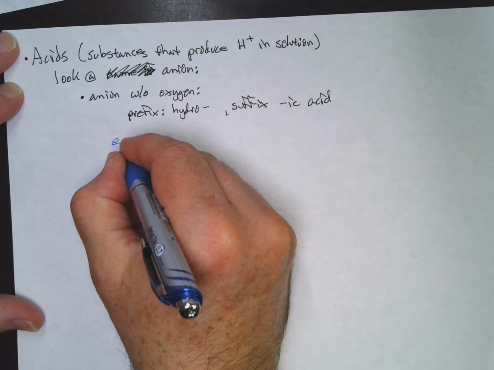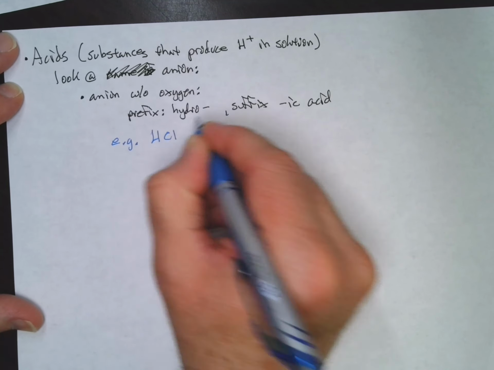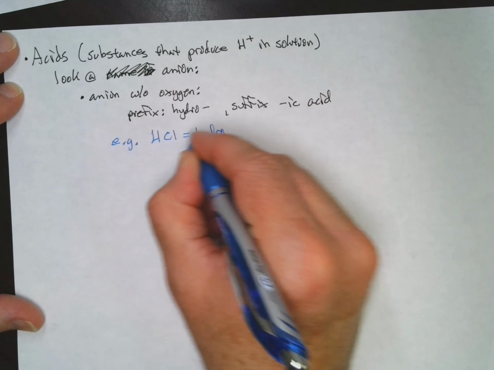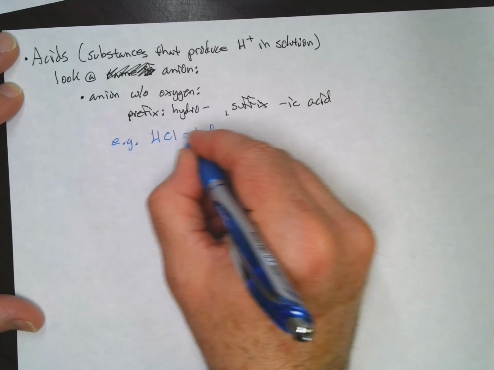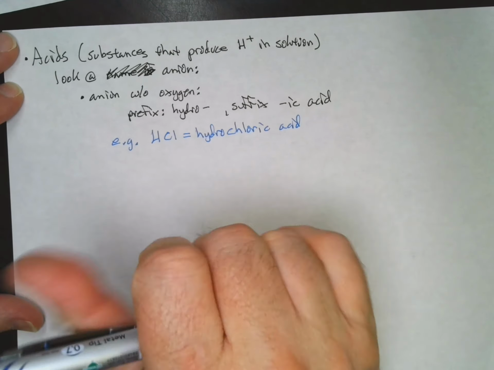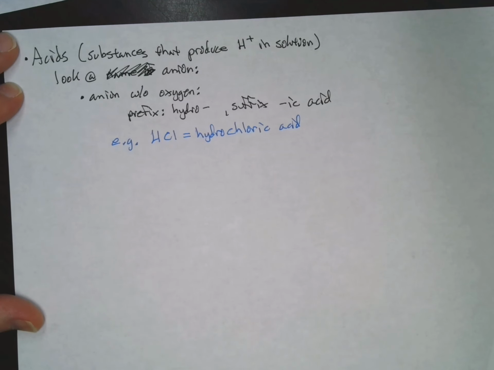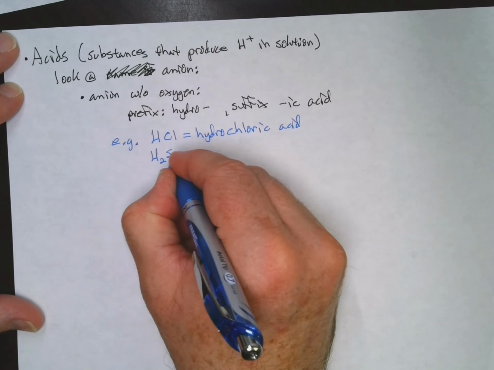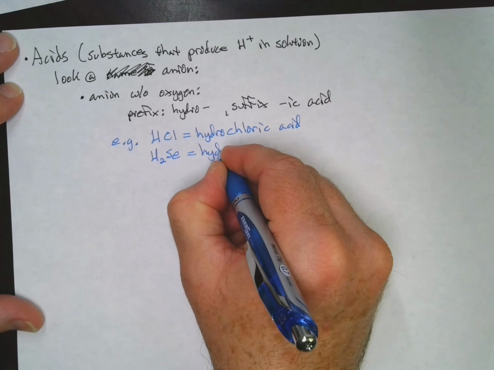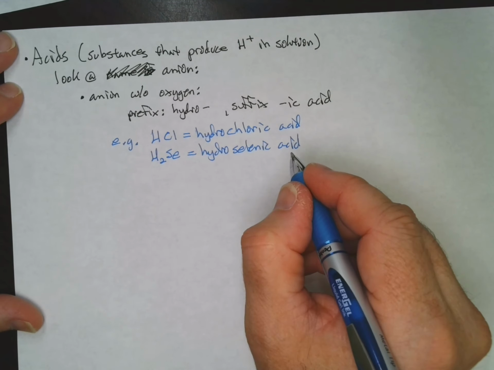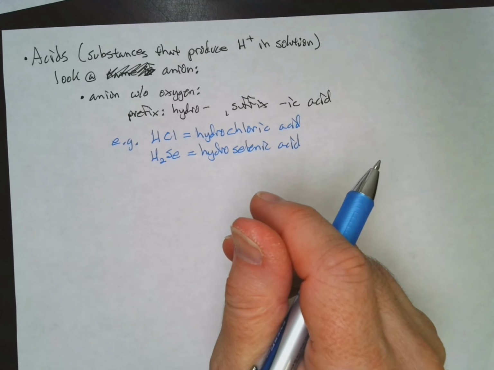So examples of this could be HCl, which is hydro, and Cl minus is our anion, so hydrochloric acid. You know, I could have something like H2Se, for example, which would be hydroselenic acid. But that's a metalloid, so maybe we're getting into covalent territory. Not quite sure yet.